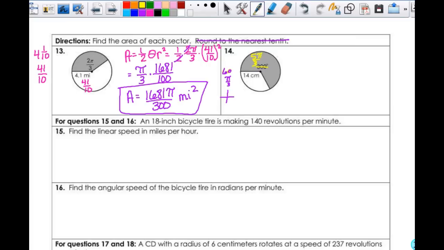Okay. So then when I go and substitute all of this in, my area is going to be equal to 1/2 theta, which is 5 pi thirds, times 14 squared.